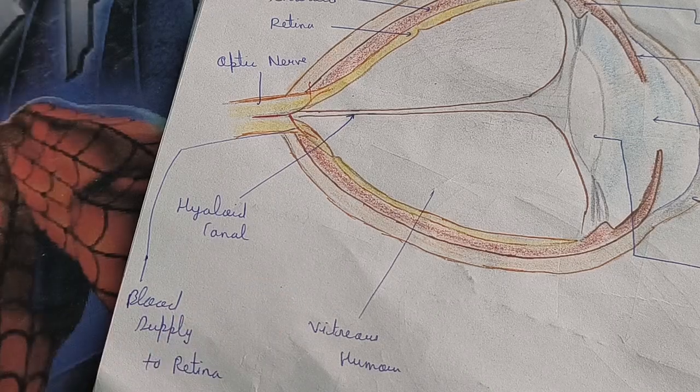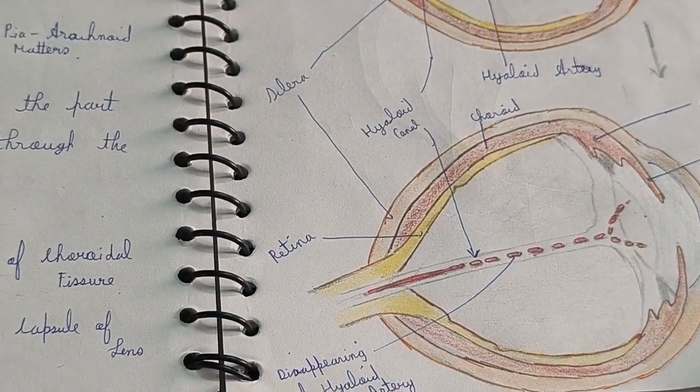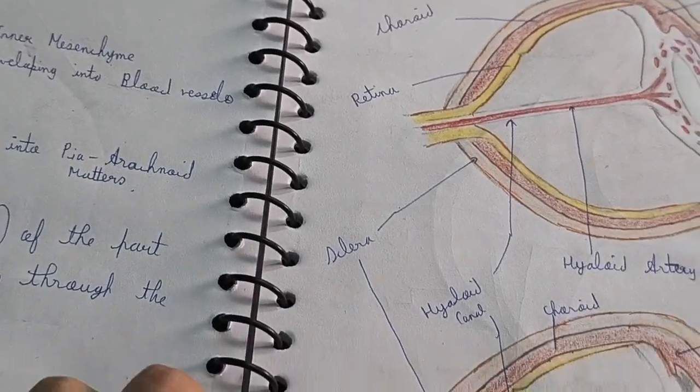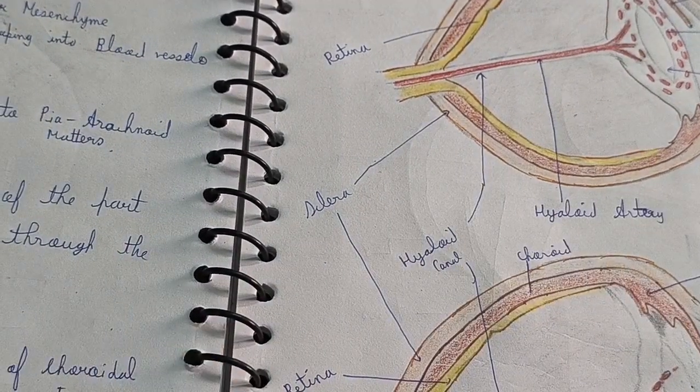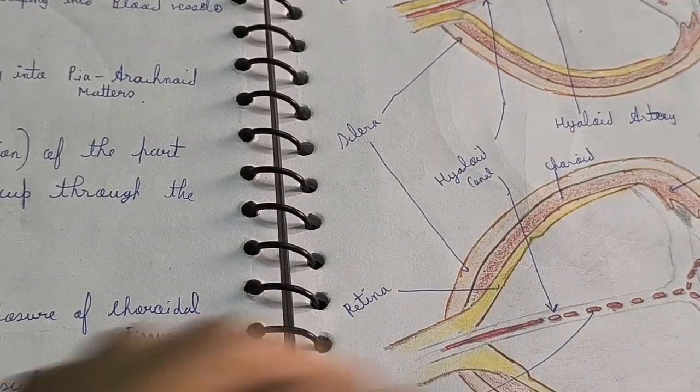That's all about development of blood vessels. And here the most important and interesting question is how the lens becomes avascular from a vascular structure because of the disappearance of the hyaloid artery.